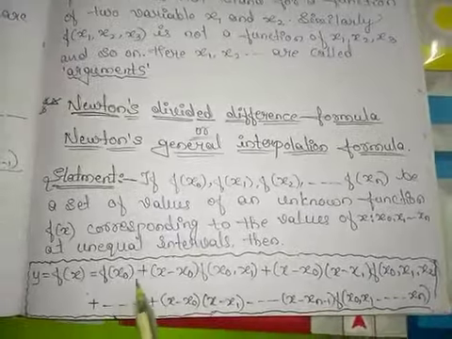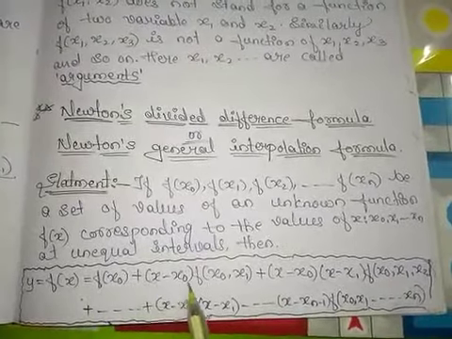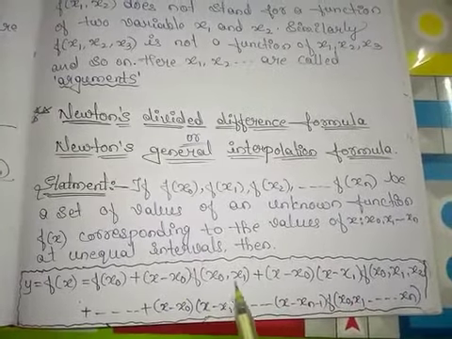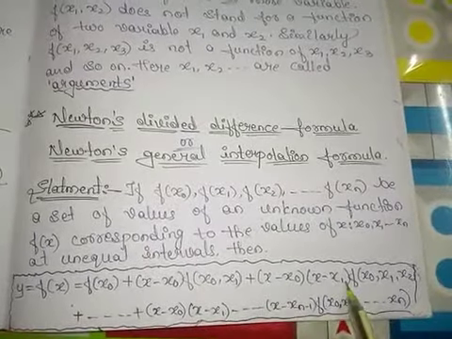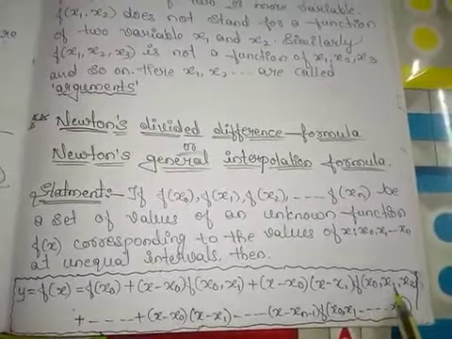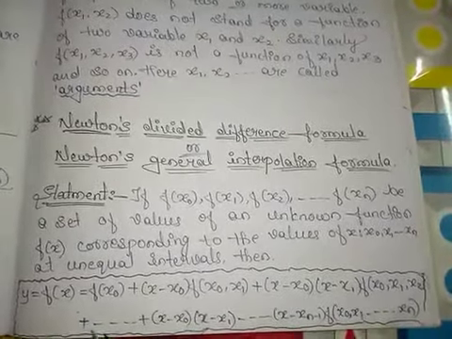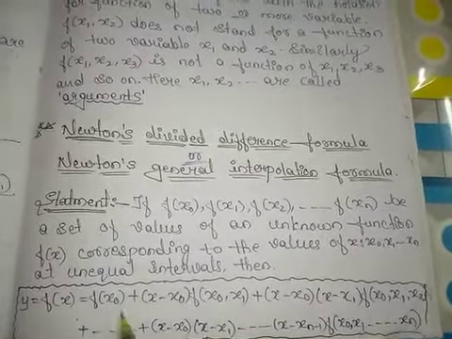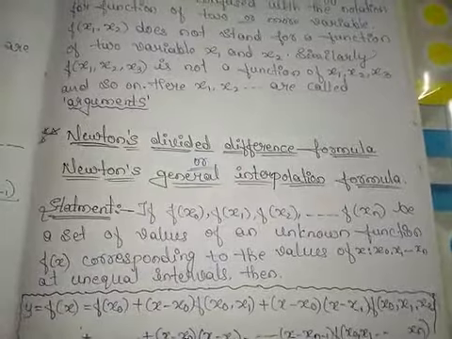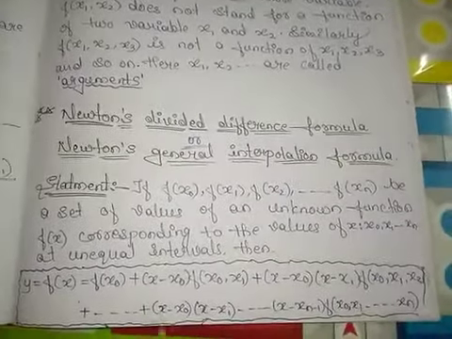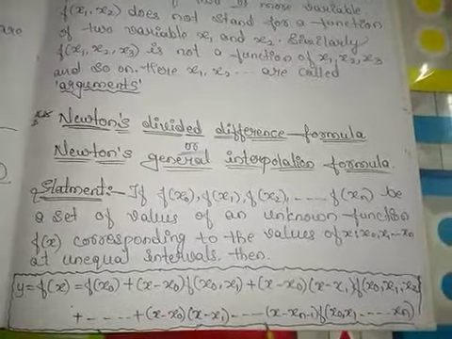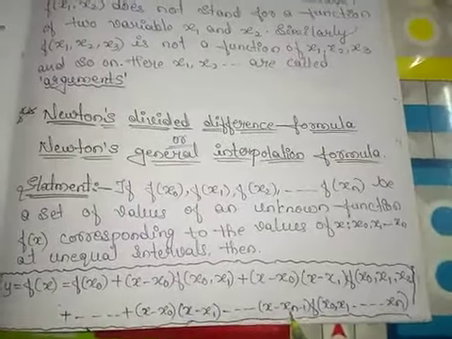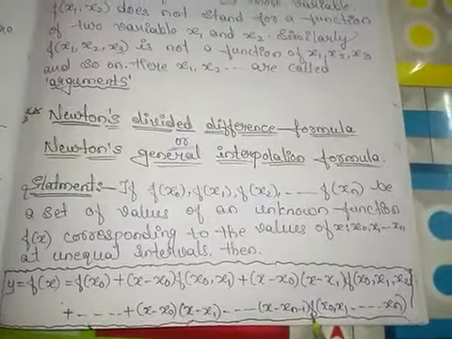then formula will be y is equal to f of x is equal to f of x0 plus x minus x0 into f of x0 comma x1 plus x minus x0 x minus x1 f of x0 comma x1 comma x2 plus so on to plus nth term. First term, second term, third term and so on to nth term will be what? x minus x0, x minus x1 and so on to x minus xn minus 1.